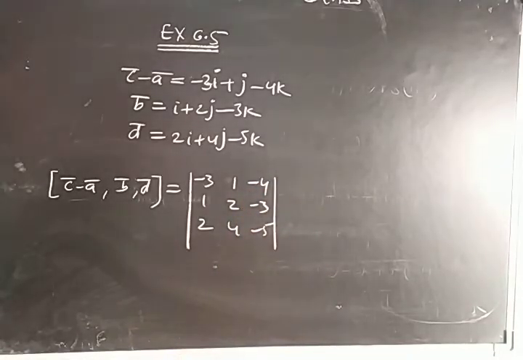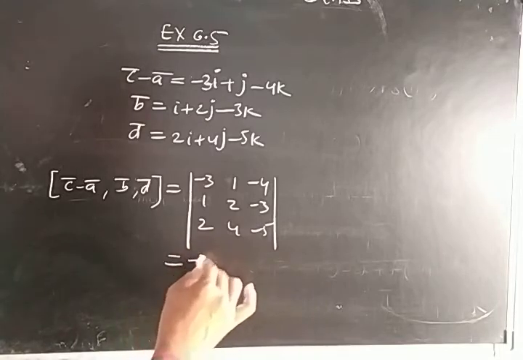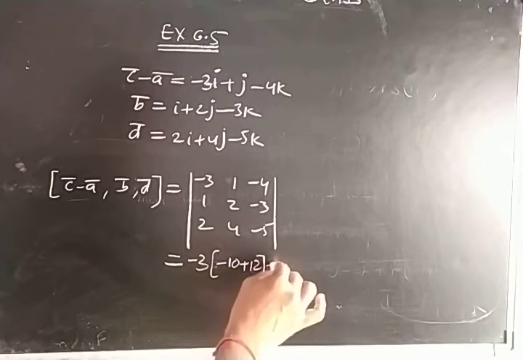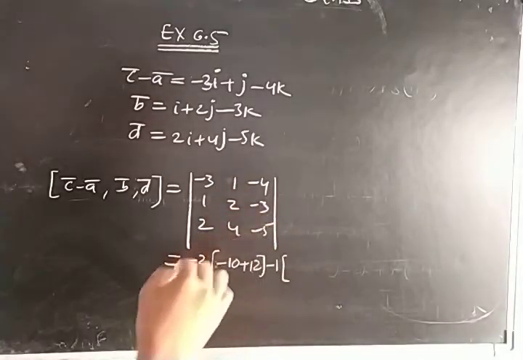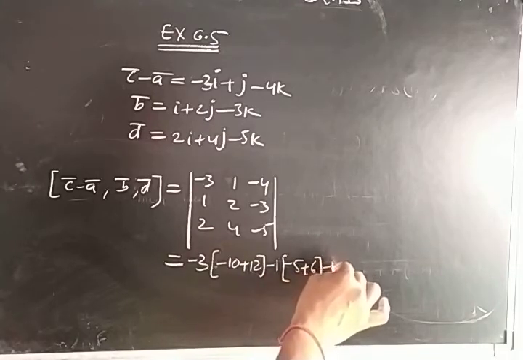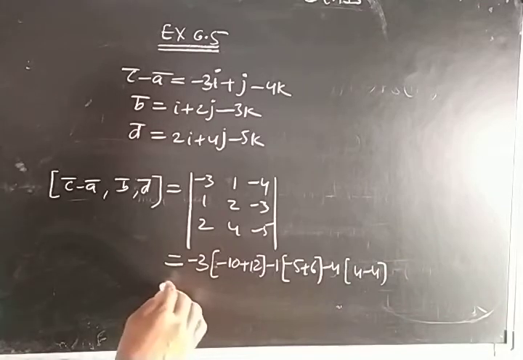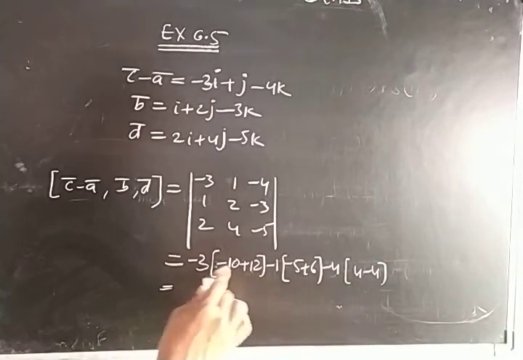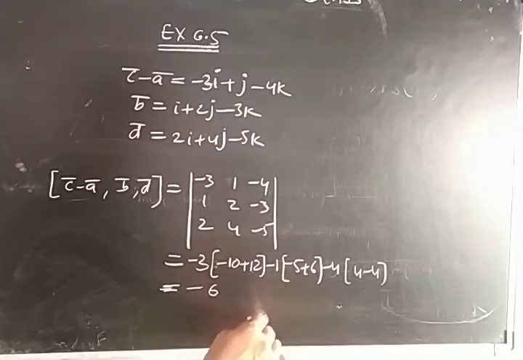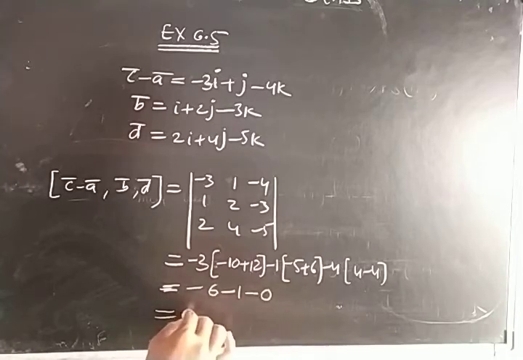Okay, right. Now find the determinant: minus 3 into minus 10 plus 12, minus 1 into minus 5 plus 6, minus 4 into 4 minus 4. Okay, this is 2 plus 2 minus 6, and this one plus 1 minus 1, this is 0, so minus 7.